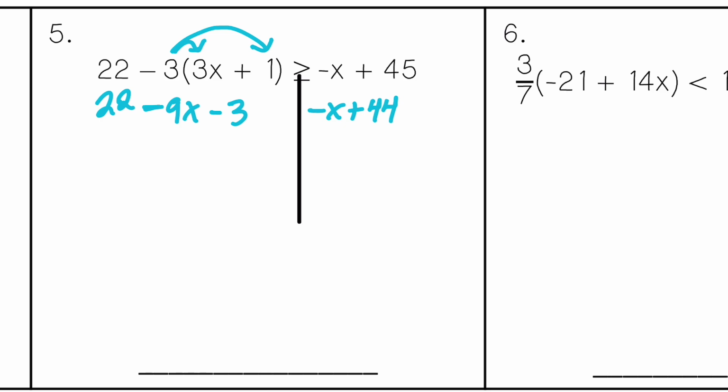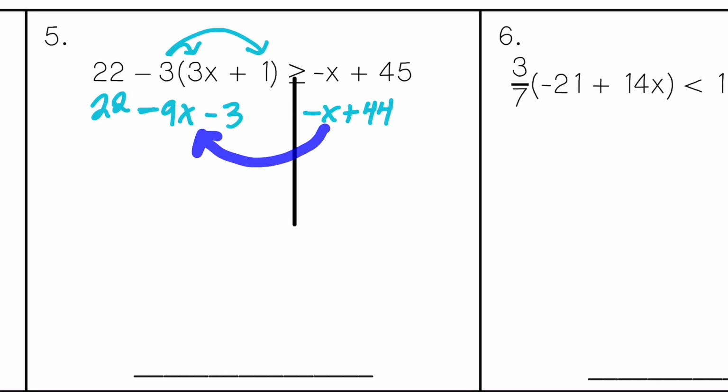Okay, now the next step is either combine like terms, or we can start moving my x's. I'm going to move my x first, just because I like to go ahead and take care of that right now. So negative x and positive x goes away, and I'm left with 44. Over here, this is a negative 9 plus x, and this is going to give me negative 8x.